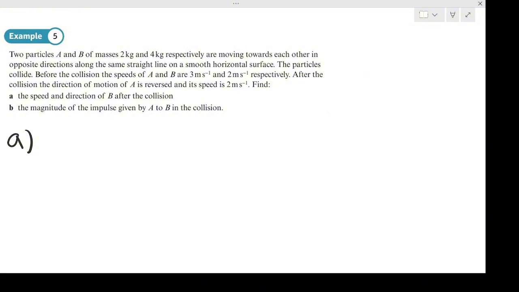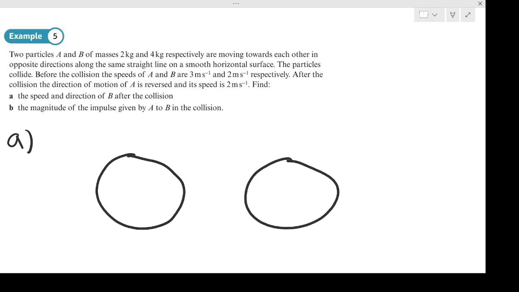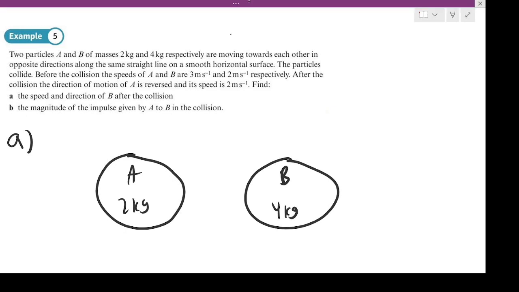So again, we're going to need to draw a diagram, and it's going to be the same sort of one we've been doing before. So we have our two particles, A and B, like that. A has mass 2 and B has mass 4. Then what about the velocities? Well, we're told that the particles are moving towards each other in opposite directions.